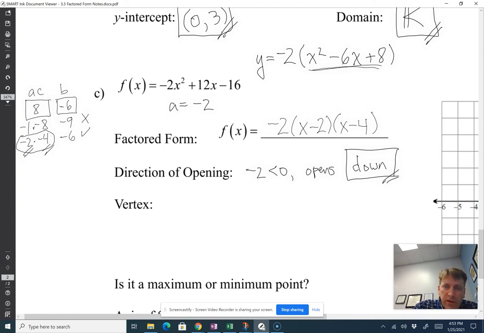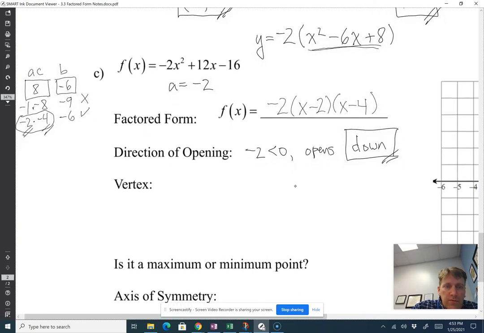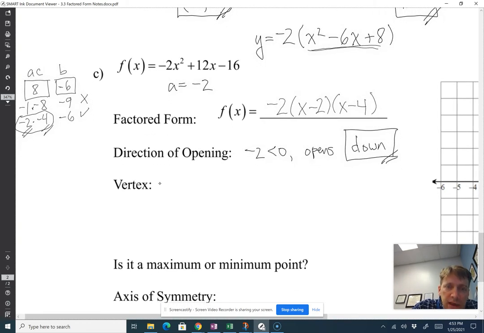That's going to help us when we get the x-intercepts. So vertex, we say x equals negative b over 2a, and we'll write it every time so you remember. Negative b over 2a. And b is 12, so it's negative 12.